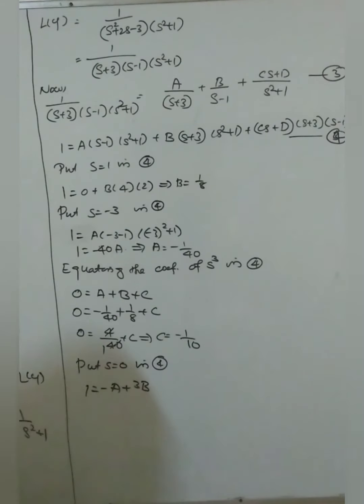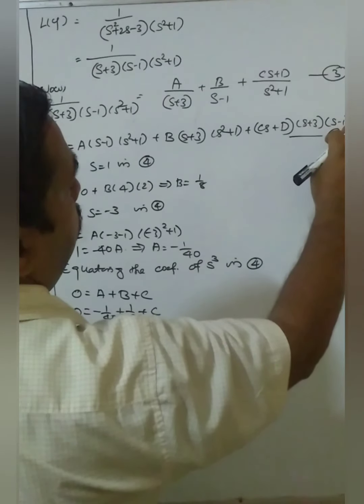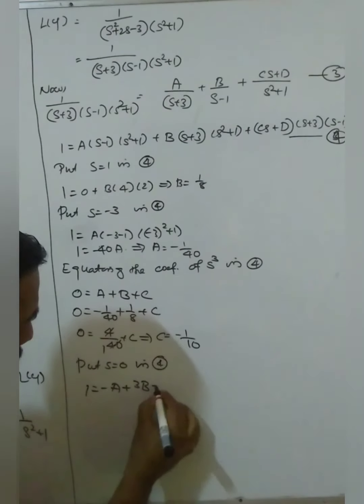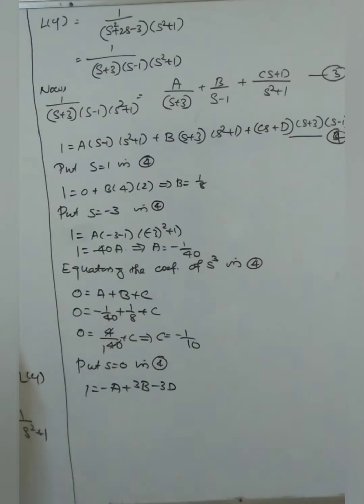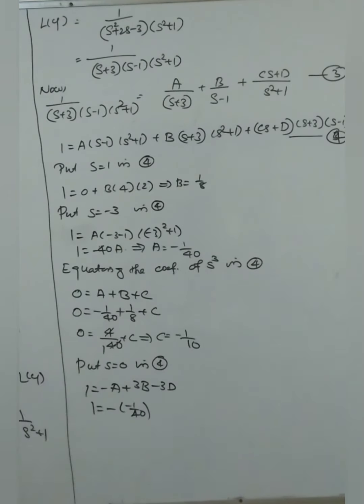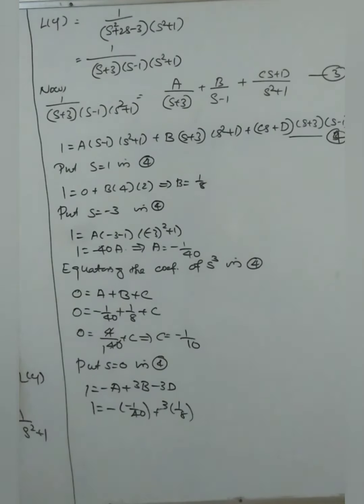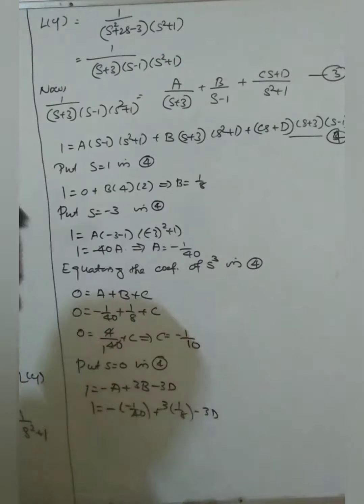Then here s is equal to 0, this term vanishes. Here 0, that is 3 into minus 1, minus 3d. Now substitute the values. That is 1 equal to minus a, that is minus of minus 1 by 40, plus 3b, 3 into 1 by 8, minus 3d.